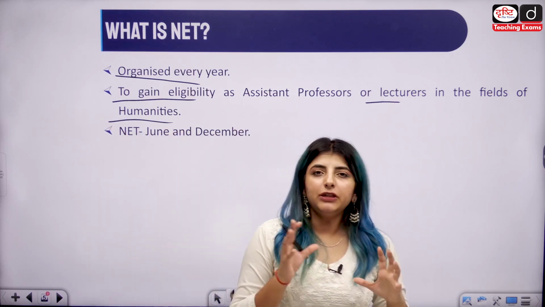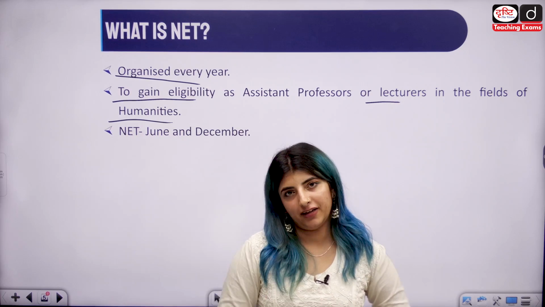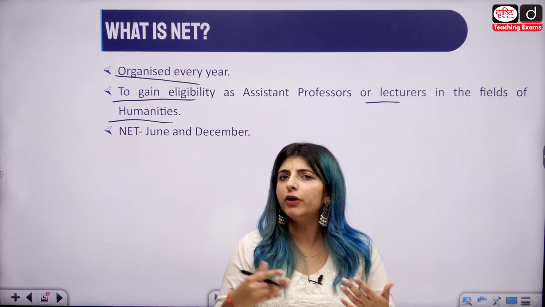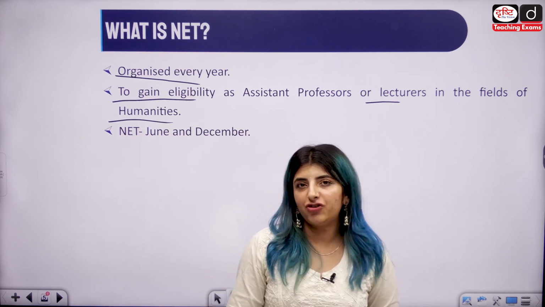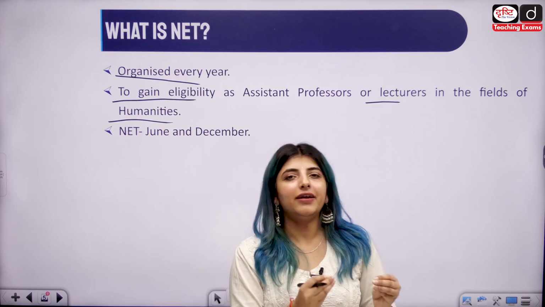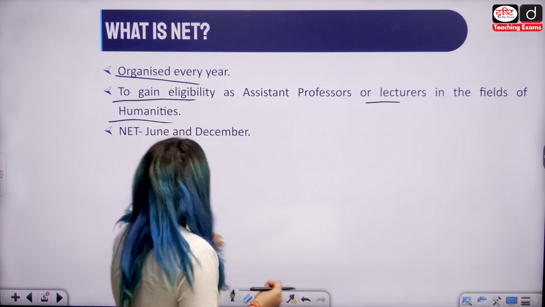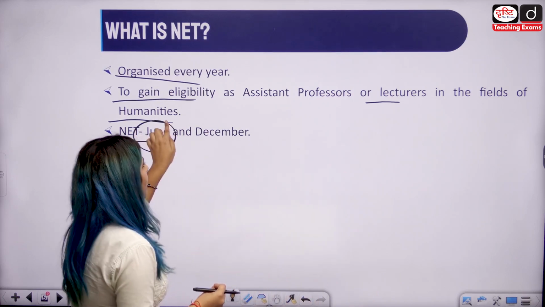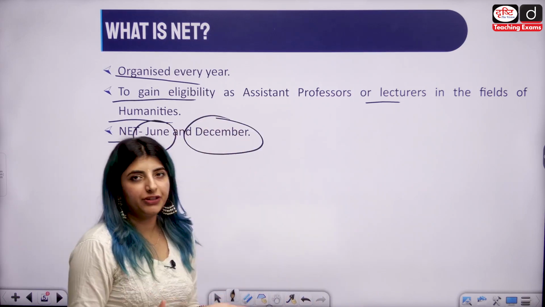Also, after qualifying for this examination, you can get enrolled in PhD. For that you will have to have your JRF or NET. Correct? So it happens in June and December, as I already told you.